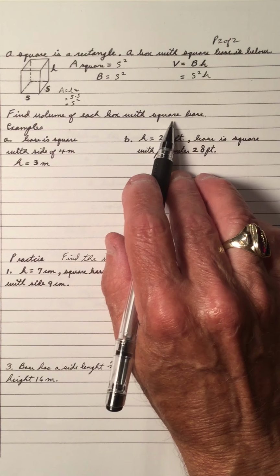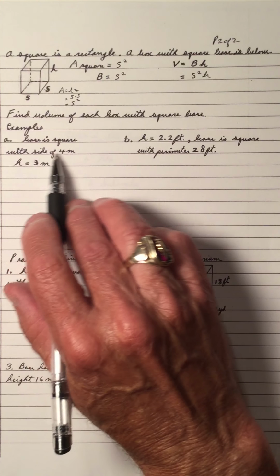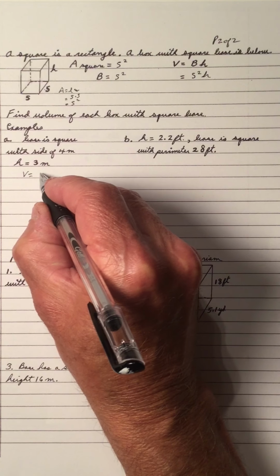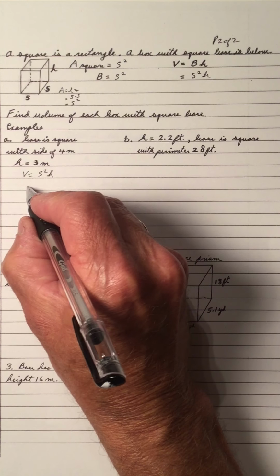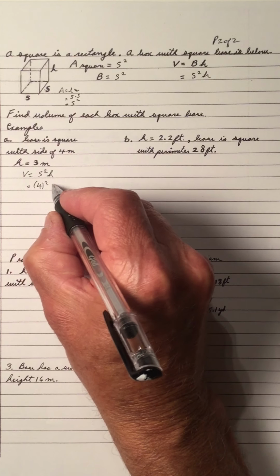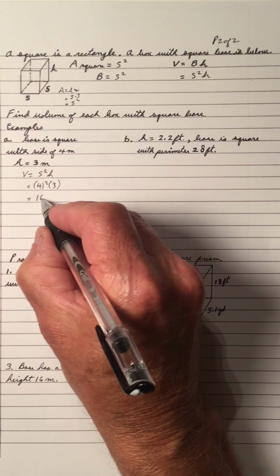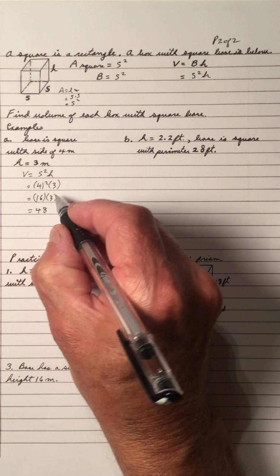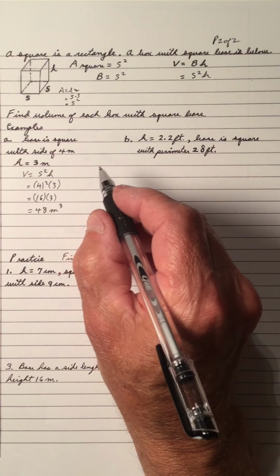Find the volume of each box with a square base. A: the base is a square with a side of 4 and a height of 3. Because it's a square base, it's S squared H, and the side is 4, so it's 4 squared times the height of 3. So 4 squared is 16, times 3 makes 48, and it's meters cubed because it's a volume.